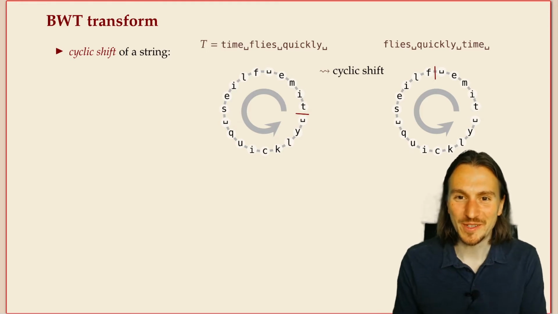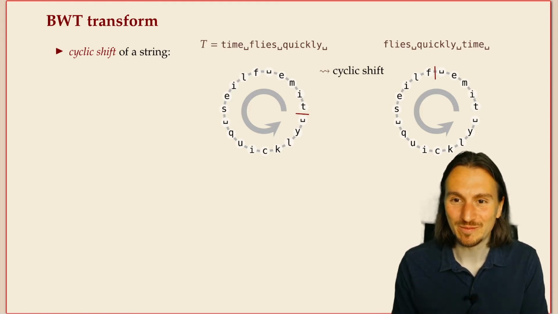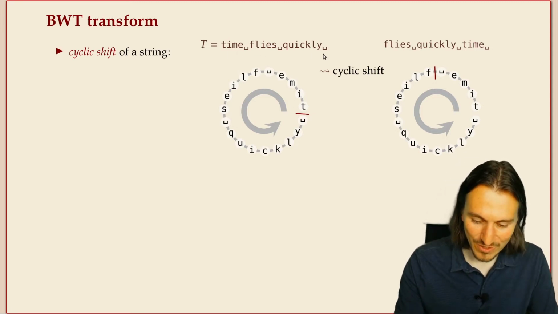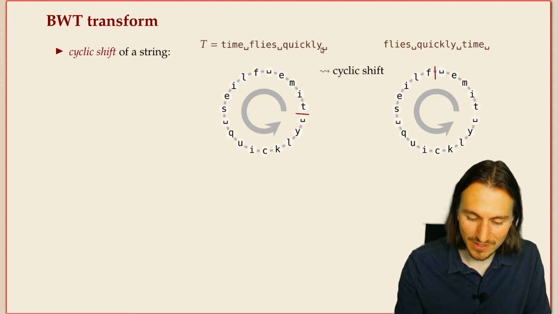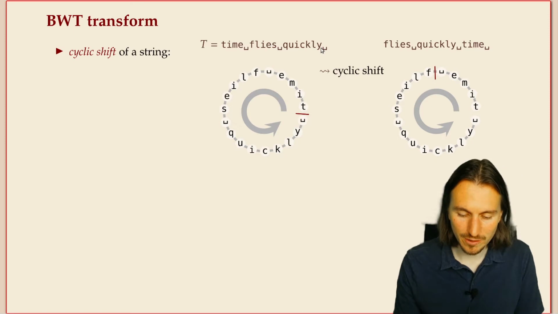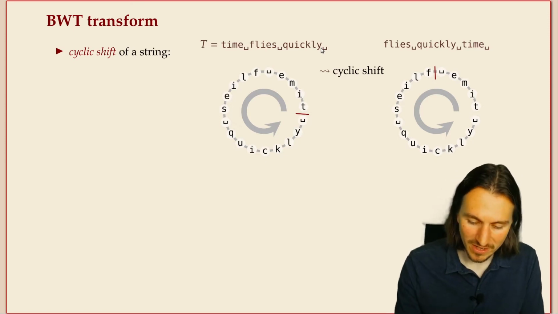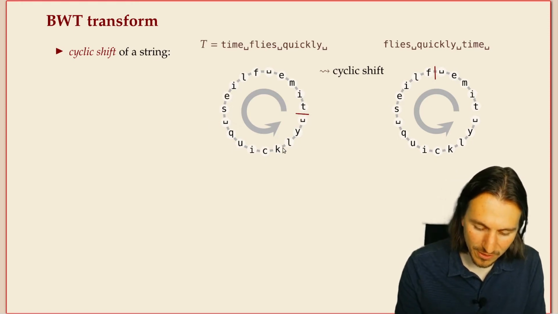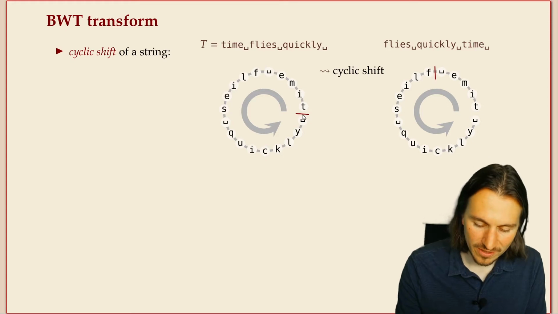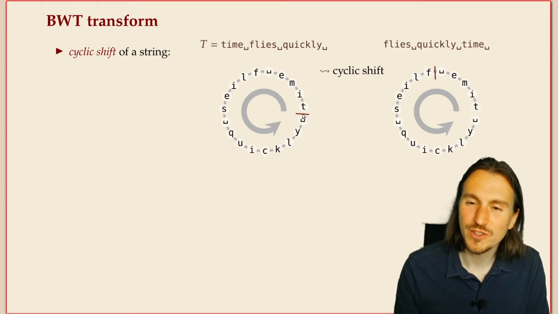Okay, I finally want to tell you what the BWT is. For telling you that, I need to introduce a cyclic shift of a string. That's a simple concept. If you have a text T, a cyclic shift just means you start in a different position and wrap around. So if you write the string like this on a circle, time flies quickly, then originally this was the starting position.